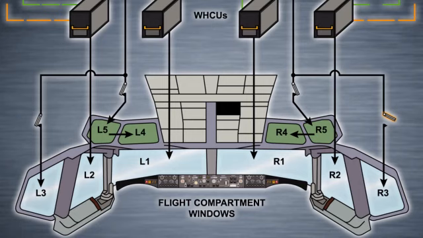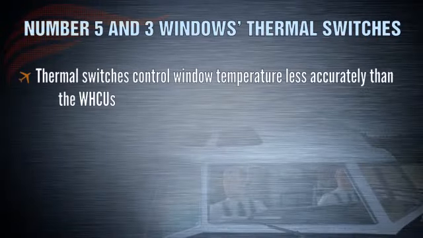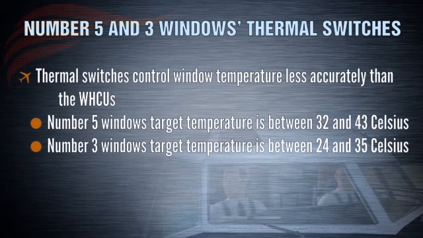Window 4 dovetails off 5, so they share the same thermal switch. The thermal switches control window temperature to a lesser accuracy than the window heat control units. Target temperature is between 32 Celsius and 43 Celsius for the number 5 windows, and between 24 Celsius and 35 Celsius for the number 3 windows.